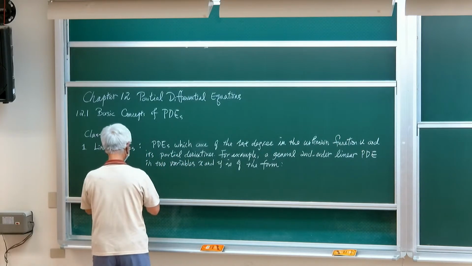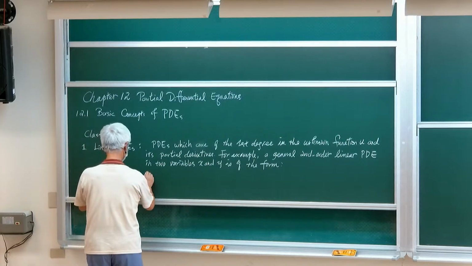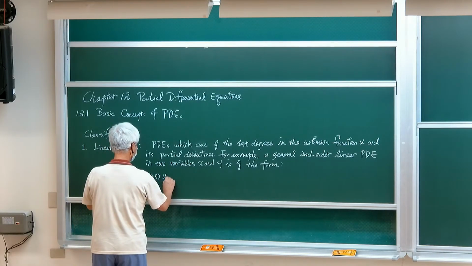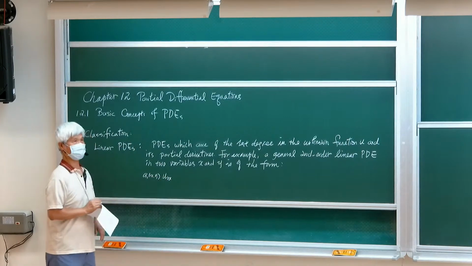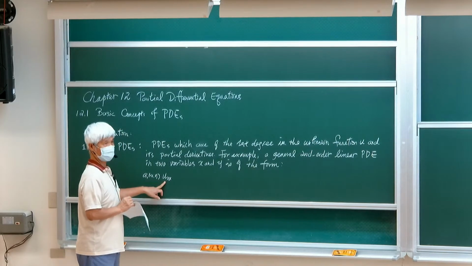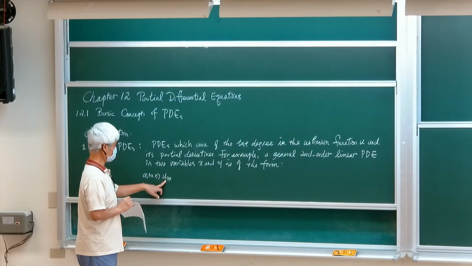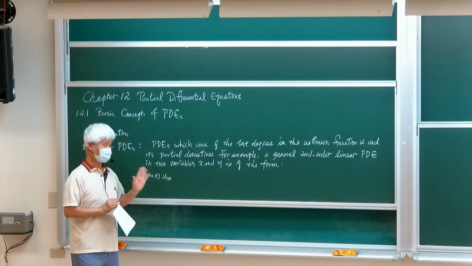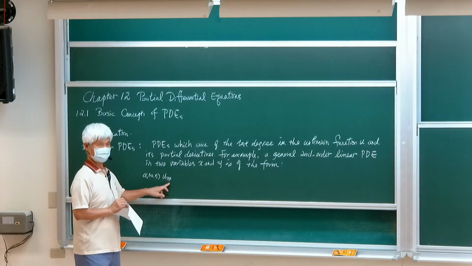So an example would be a1(x,y) u_xx. So what is u_xx? It is the second order partial derivative of u with respect to x.